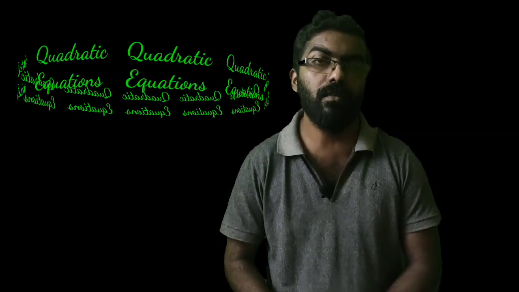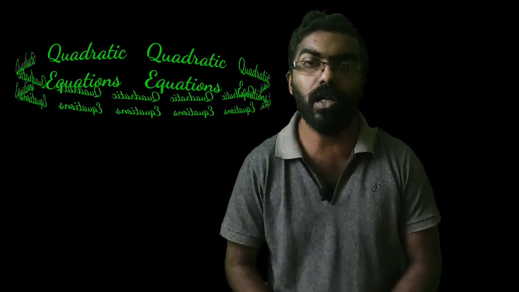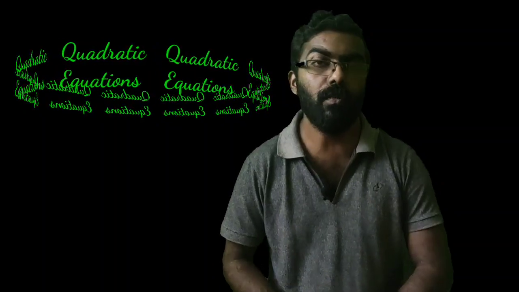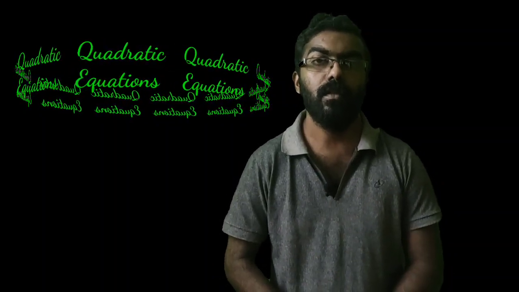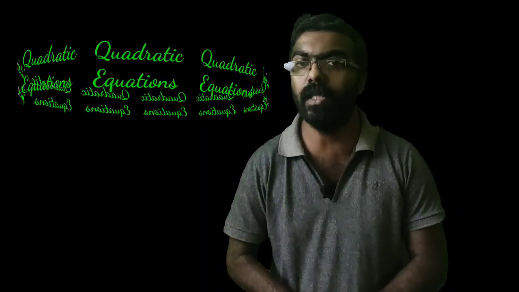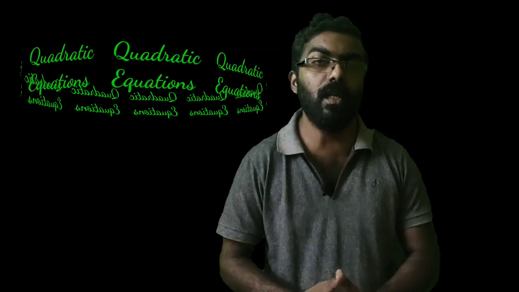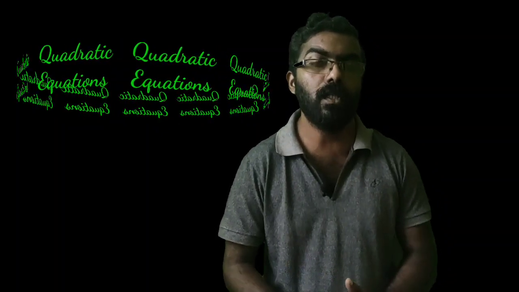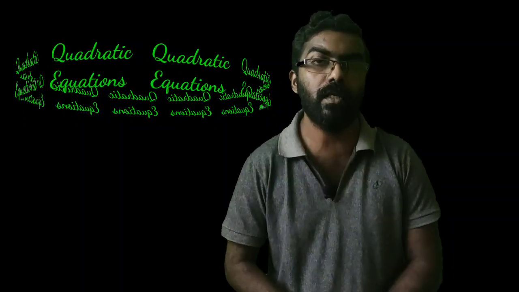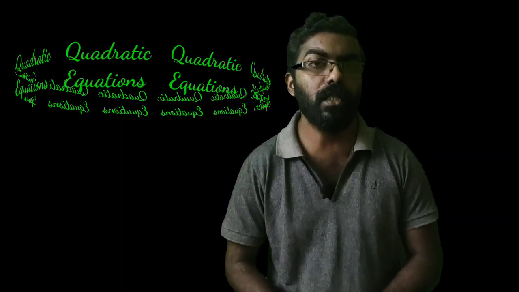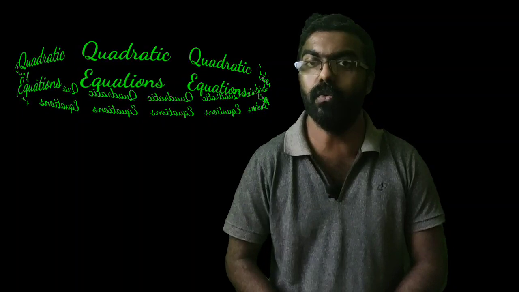All other conditions remain the same. That means a is not equal to 0 and a, b, c are real numbers. And in other words, we can say p of x is equal to 0 is said to be a quadratic equation if p of x is a polynomial of degree 2.